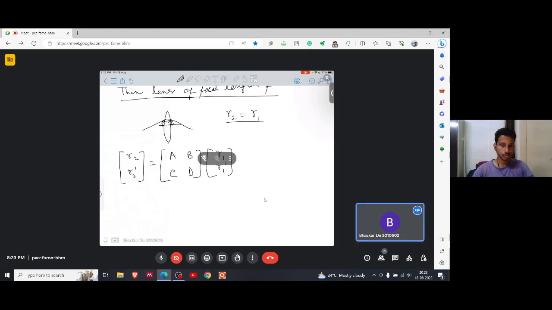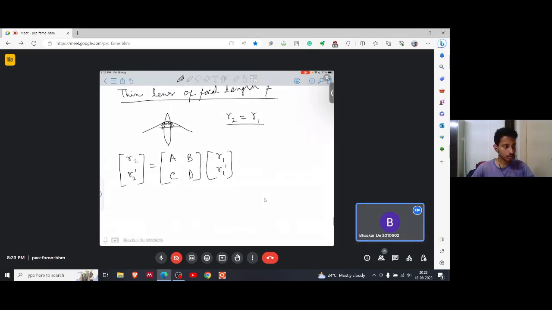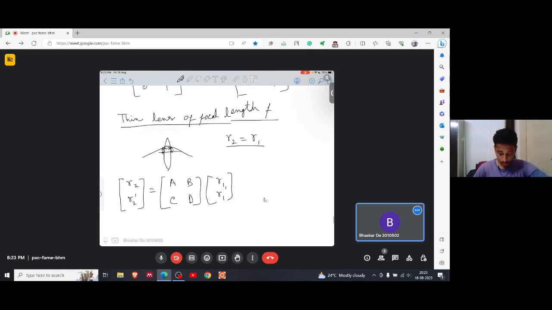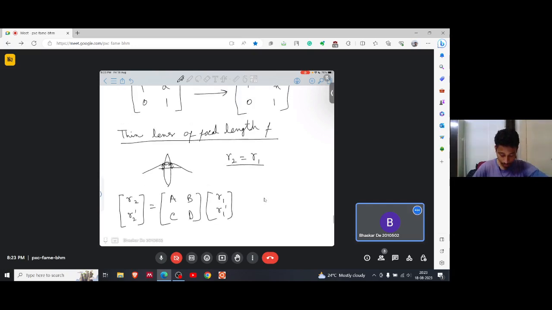Now for a thin lens R2 equal to R1, as we are assuming that the thickness of the lens is so small that the position of the beam at entering and exiting are the same. So then what will happen is A will be 1 and B will be 0.